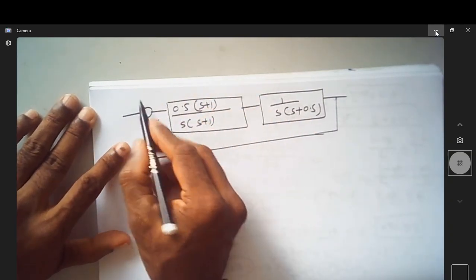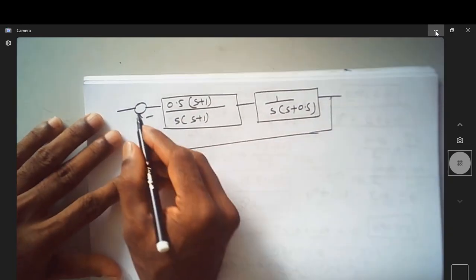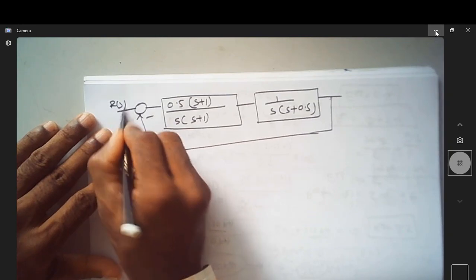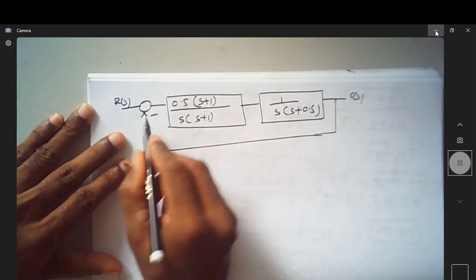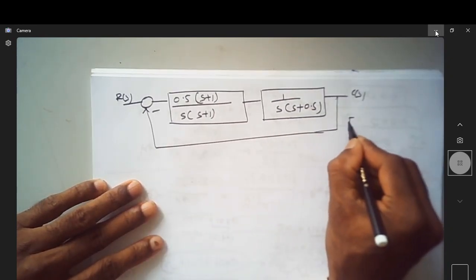Since the system is unity feedback, I can apply ESS in terms of Kp, Kv, Ka. This is R(s), this is C(s), this is negative feedback. We are asked to find what the ESS is.